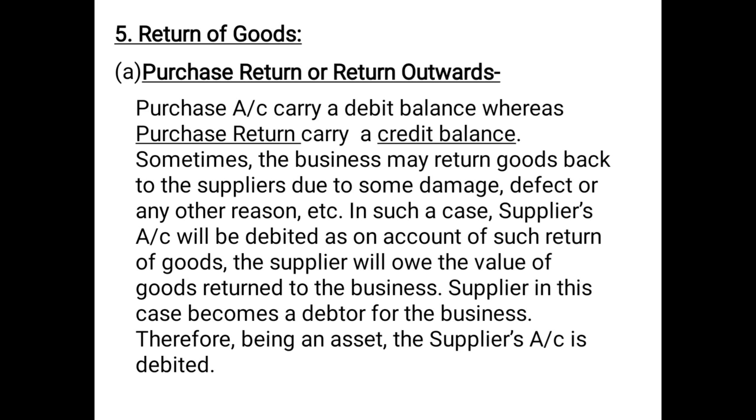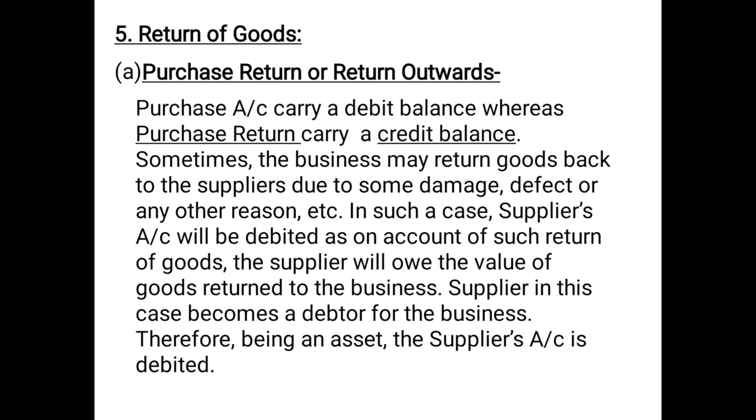Similarly, purchase return or return outwards will carry an opposite, that is a credit balance. So purchase account will be debited always, being an expense, and purchase return or return outwards account will be credited always, being a return of goods back to the supplier from the business. So as you can read here, purchase account carries a debit balance, whereas purchase return carries a credit balance.